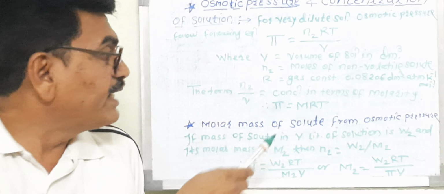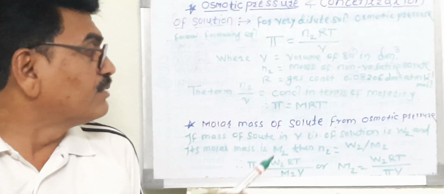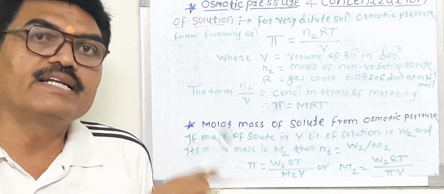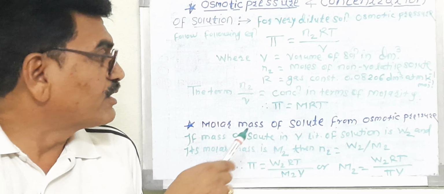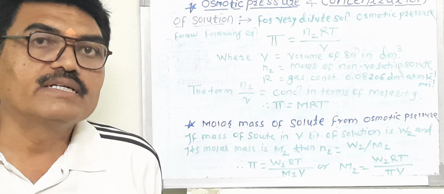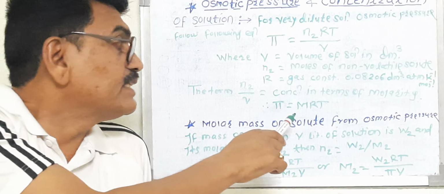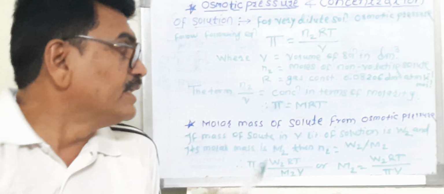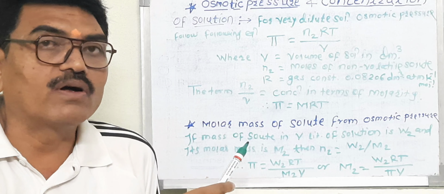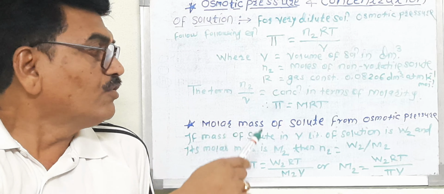We know molarity is a temperature dependent term, and similarly the osmotic pressure is also measured at constant temperature, and that's why instead of molality, the concentration is expressed in terms of molarity. That is one aspect we have to remember here. Then we will try to solve a few numericals which are given in the textbook by using these two formulas.